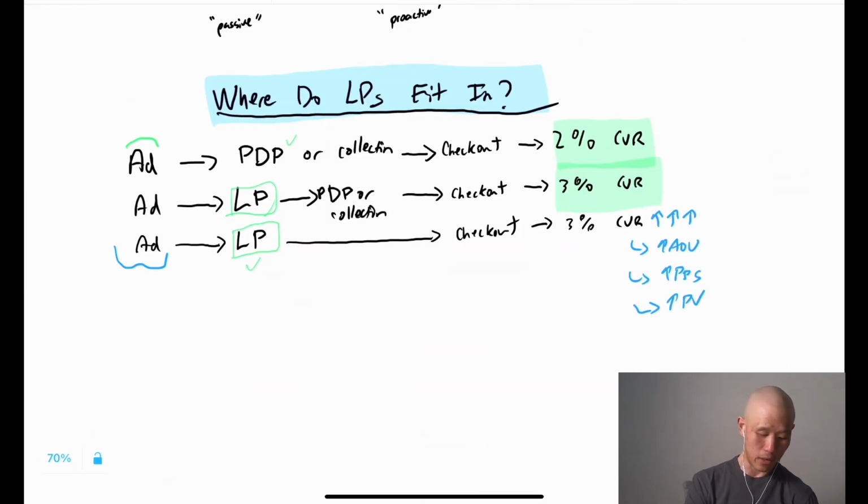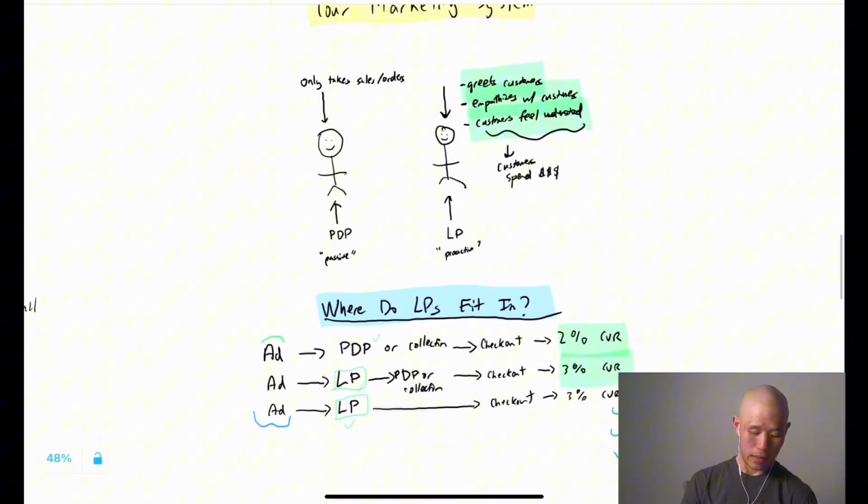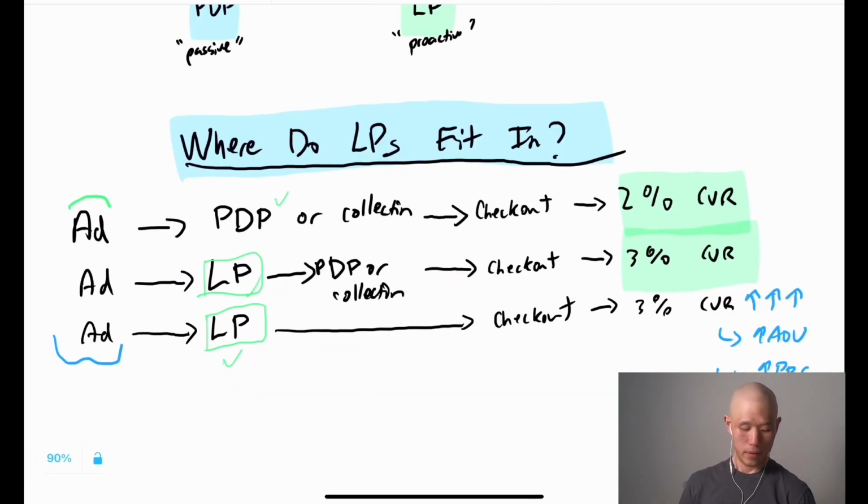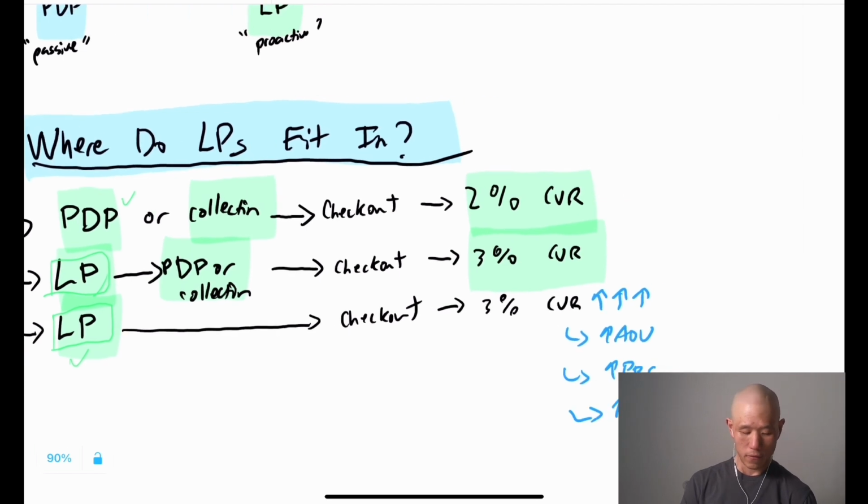So if we just hop back over here for a second and we go back to the 2 different types of staff who work at the shoe store, we have the PDP and we have landing page. It is very worth our time to figure out how we can work the funnel to incorporate landing pages for the sake of driving this number from 2% to 3%.